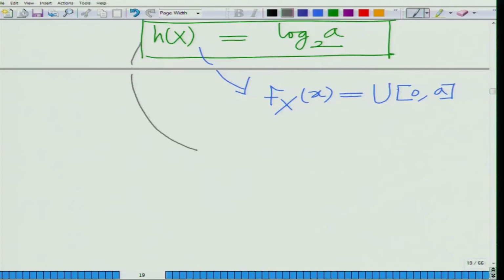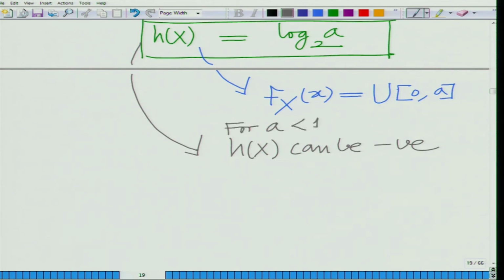So, h of x can be negative. For instance, for a less than 1, log a to the base 2 is less than 0. This implies h of x can be negative.